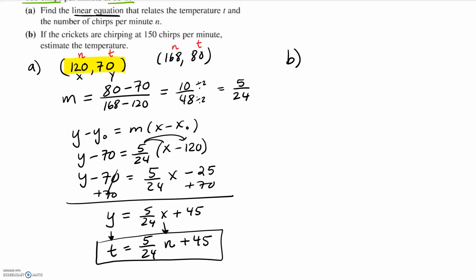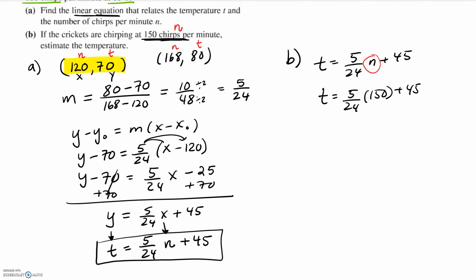Part B says, if the crickets are chirping at 150 chirps per minute, so they're giving me the number of chirps, in other words, they're giving me the N value, estimate the temperature. Okay, so we can recycle the equation we just created to relate the two and replace the N with the 150 chirps that they gave us and see what happens when I plug that in, what estimated temperature we get.